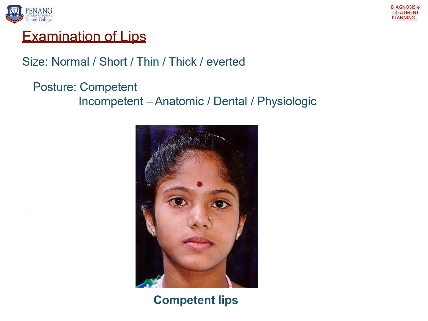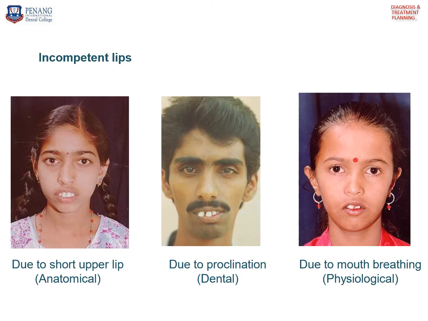Examination of the lips. You can write whether the lips are normal, short, thin, or thick, and whether they are competent or incompetent. Incompetent lips can be anatomical, because anatomically it is like this. If it is dental, it's because of the teeth, and if it is mouth breathing, it's physiological.